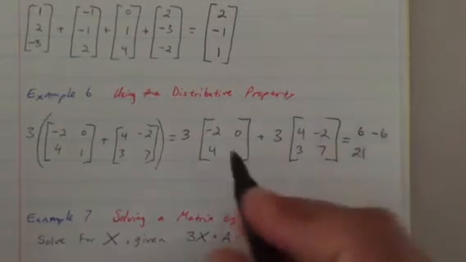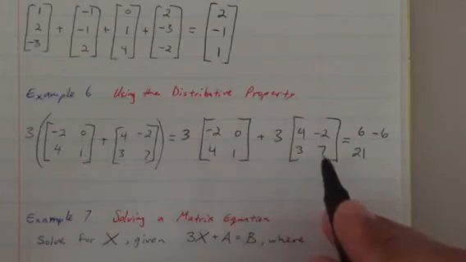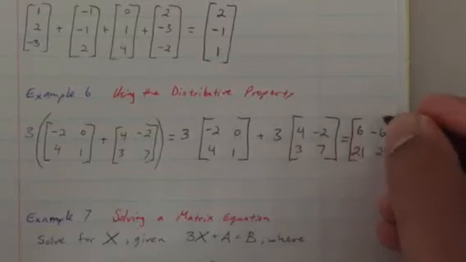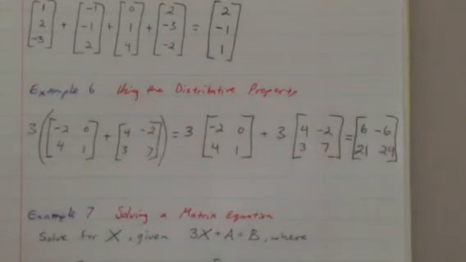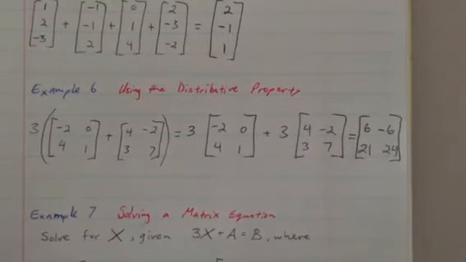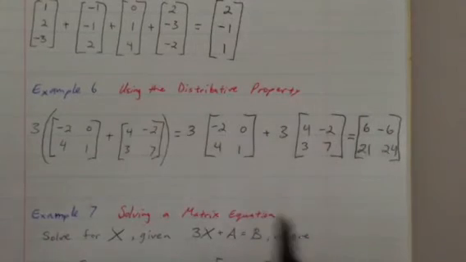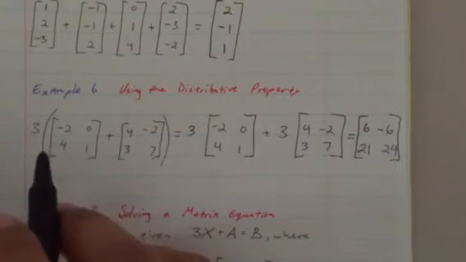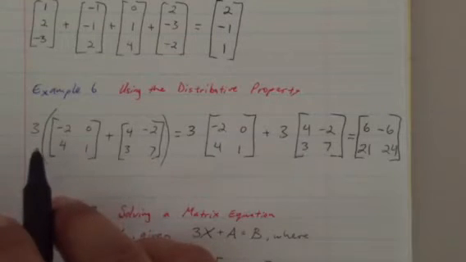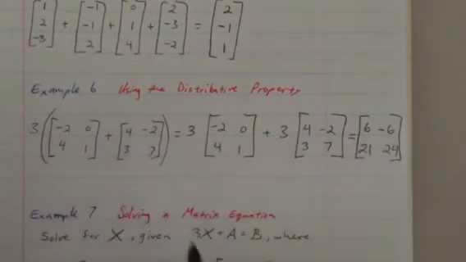And then 3 times 1 is 3, plus 21, that's going to be 24. So that's our resulting matrix right here. Just to recap, we can use the distributive property and other algebra ideas with matrices similarly.